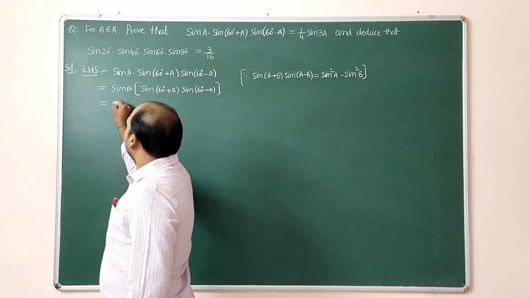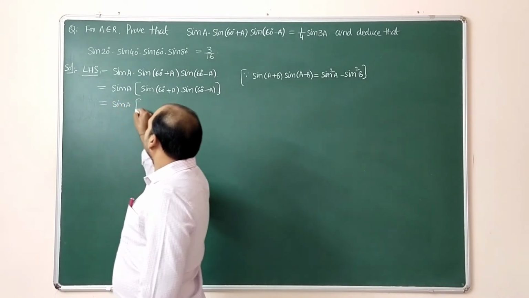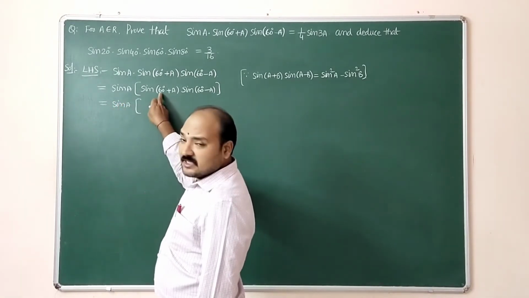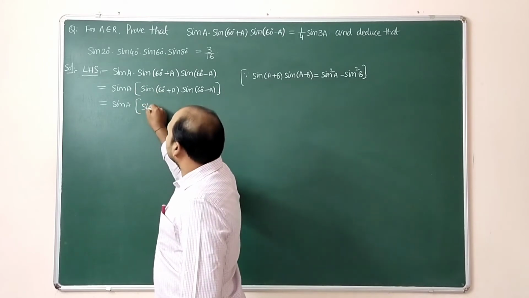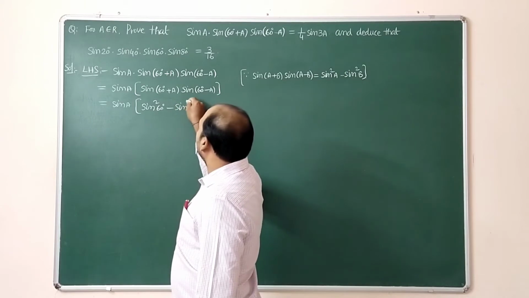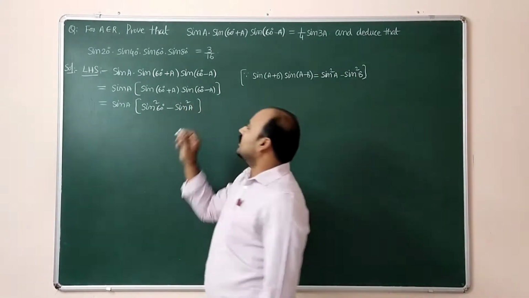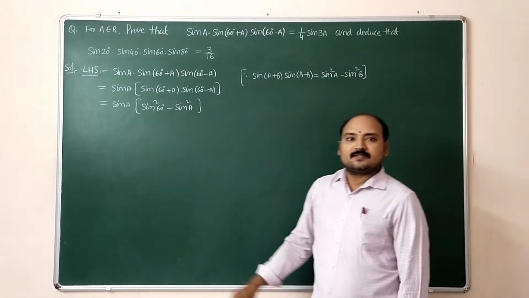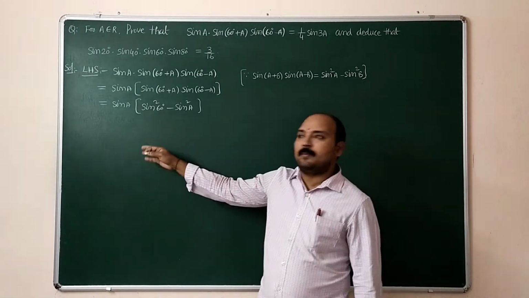So sin A, sin square, in place of A, 60 is there. So sin square 60 degrees minus sin square, in place of B, A is there: sin square A. Sin 60 is what? Root 3 by 2.